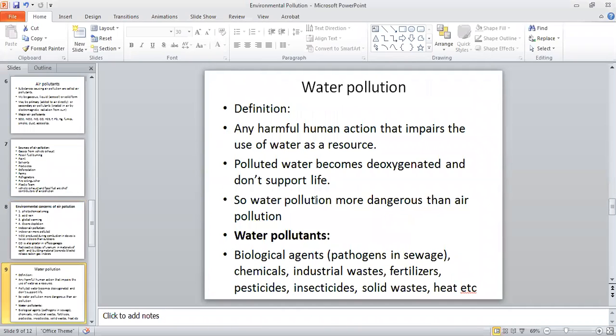Now the next type of pollution is the water pollution. How would we define water pollution?